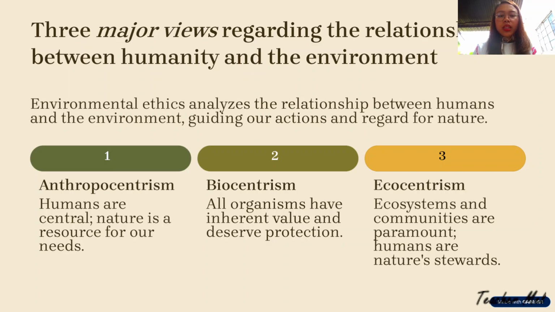Okay? The health of the entire planet is more important than just individual species or humans. For example, protecting a wetland isn't just about saving frogs or birds. It's about keeping the whole system balanced. So according to ecocentrism, the earth and its systems matter as a whole.